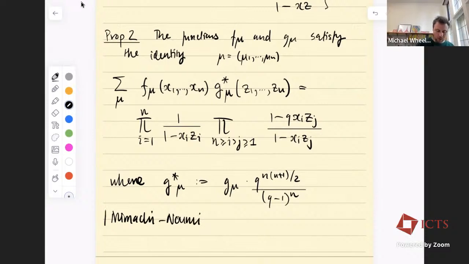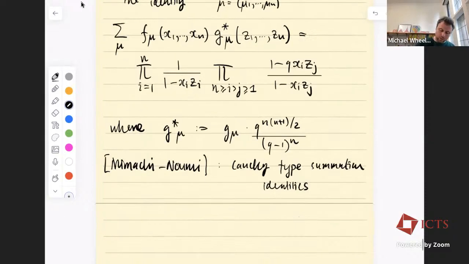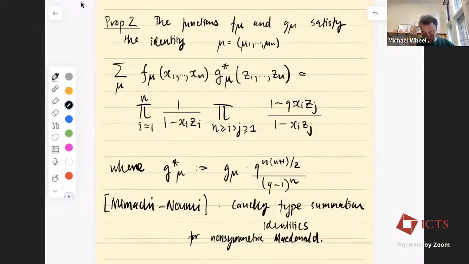I forget the year, but basically they prove Cauchy type summation identities for non-symmetric Macdonald's. And so this type of identity here is very much in the spirit of what they did.